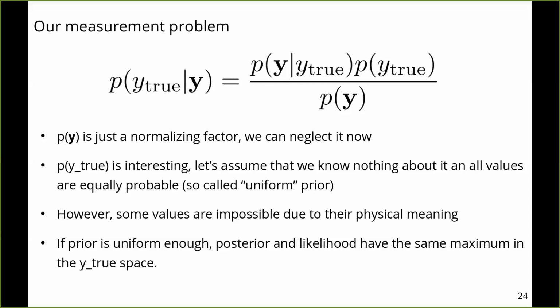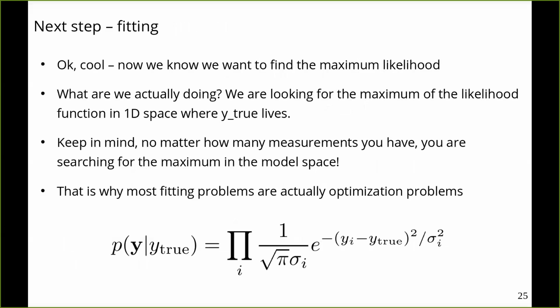And this is where the expression max likelihood comes from. We are assuming some other things, and then the maximum of our likelihood is the same as the maximum of our posterior, and then we can do this kind of inference.